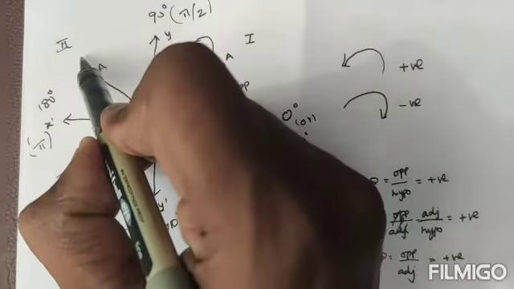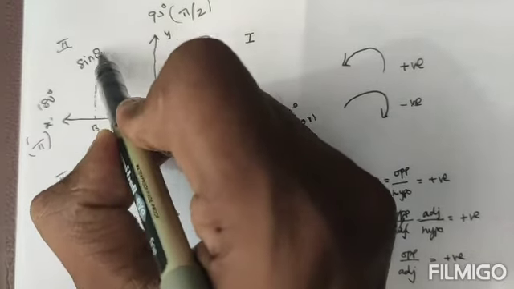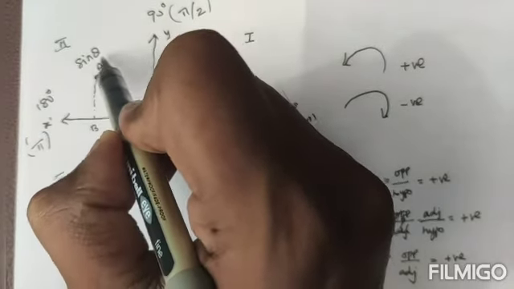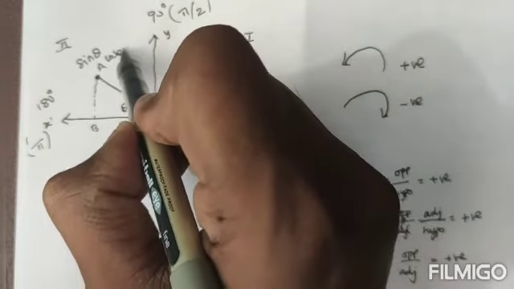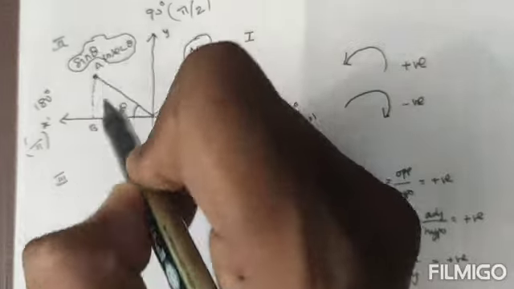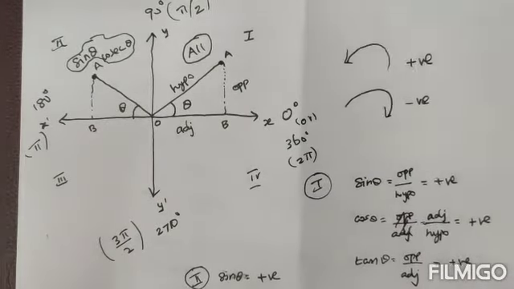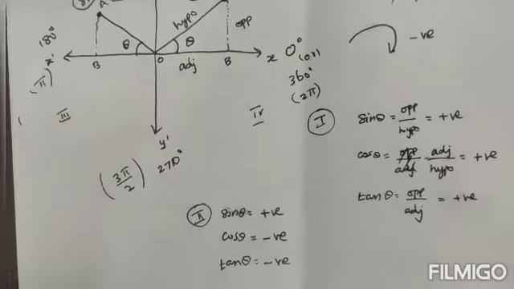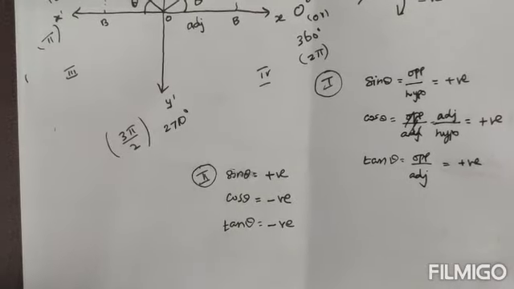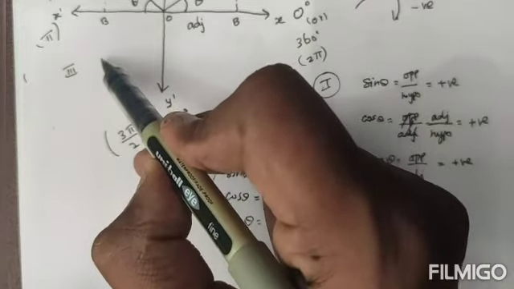So we can say in the second quadrant only sin theta and cosecant theta are positive, these two only positive, remaining are negative. Now let's focus on the third quadrant. Let's say making an angle here.